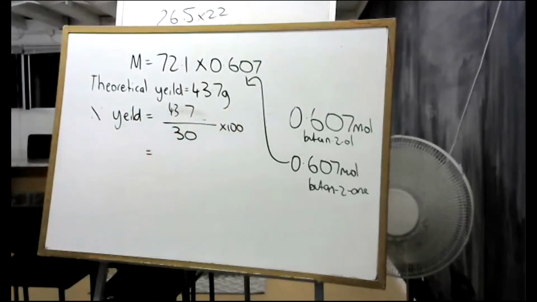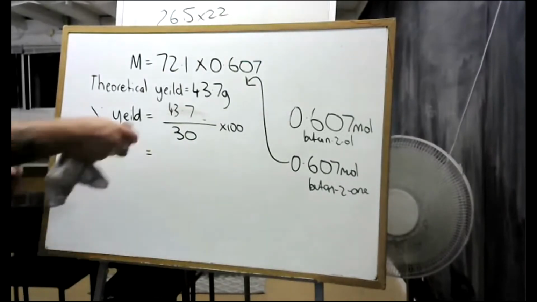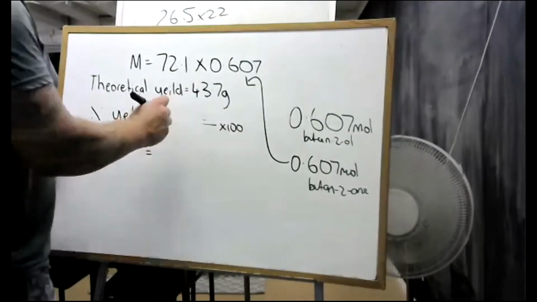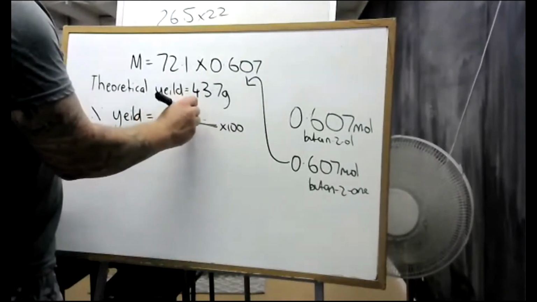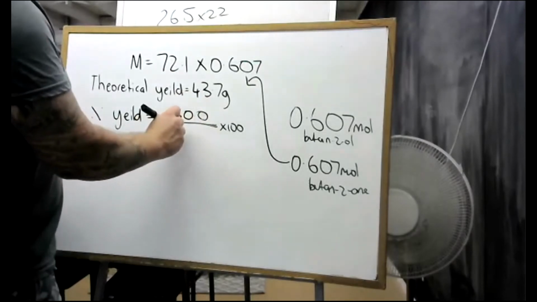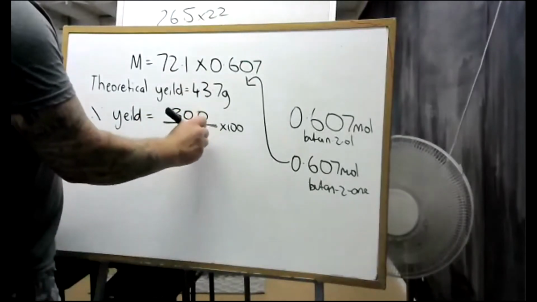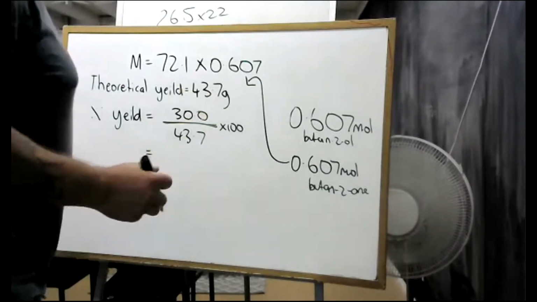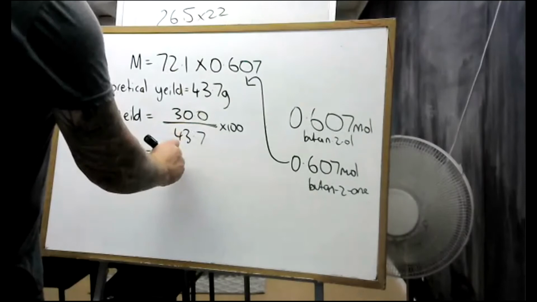What does that give us as a percentage? Oh, it's the other way around. Sorry, it's my dyslexia. I blame it every time. So 30.0 divided by 43. That should give us roughly 68.6%.